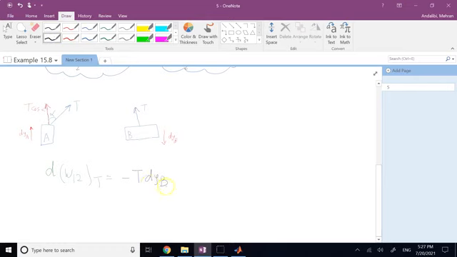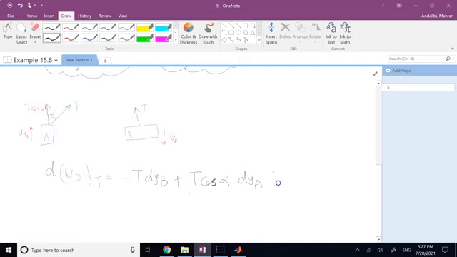So negative T dyB is the work of T on B. Work on A is positive T cosine of alpha times dyA, because A is going up, T is upward, so the work is positive and is related by cosine of alpha.